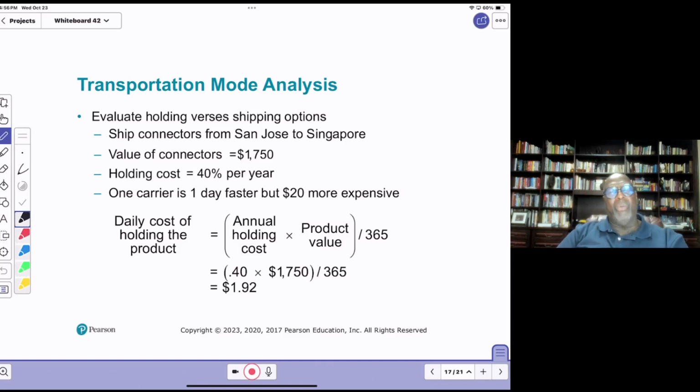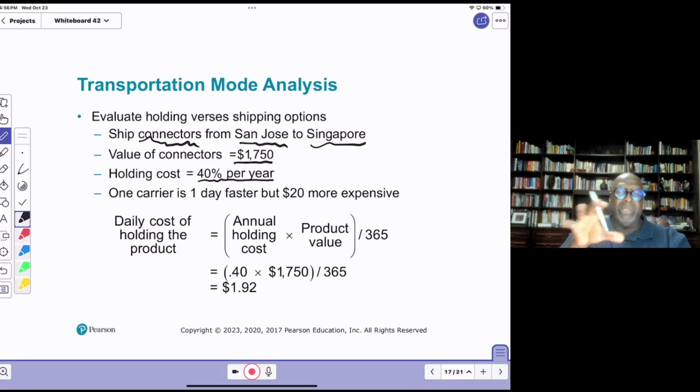Here's a case now where you have an option to consider two transportation modes or two shipping modes. So you're shipping a product called connectors from one location to the next, from San Jose to Singapore. Each connector costs $1,750. The holding cost per year, that means the cost of keeping the item in inventory, is 40% of its value.